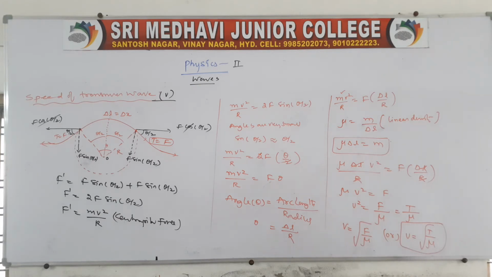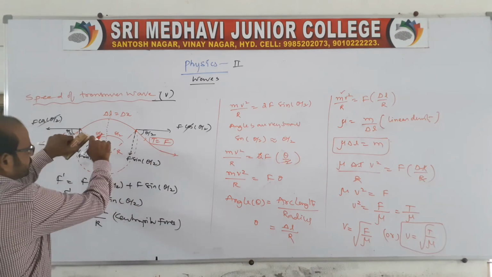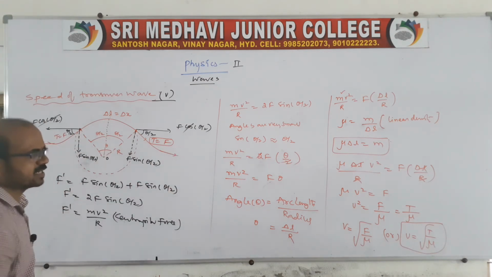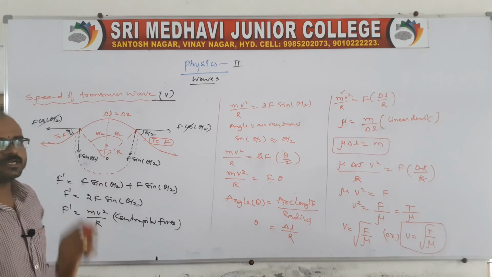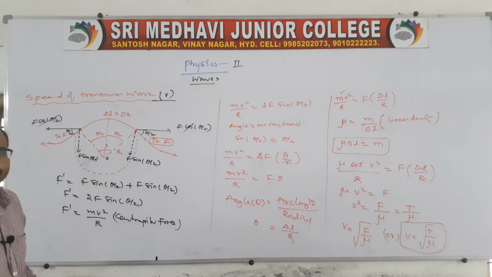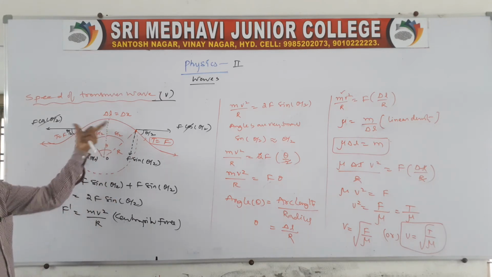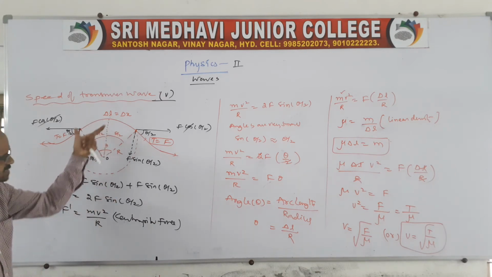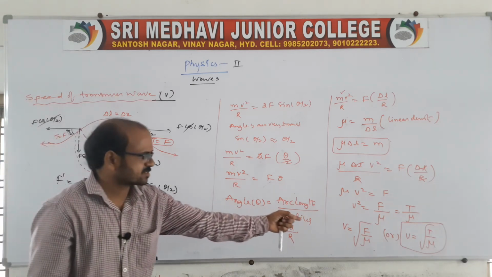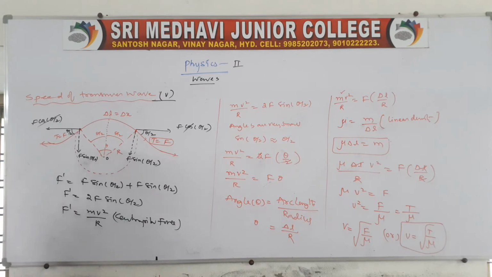So this is the derivation related to a stretched string. Suppose your string is stretched, and it is vibrated perpendicular to its length, there will be a wave pulse. In that wave pulse you take a half pulse. For that half pulse, the speed of the stretched string is root over f by mu, or root over t by mu.